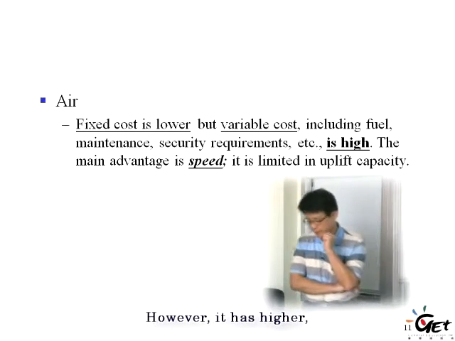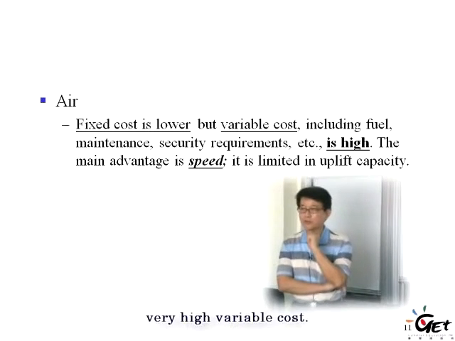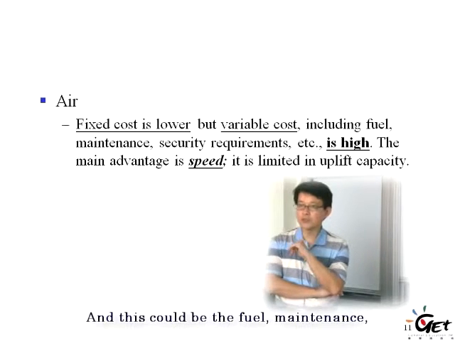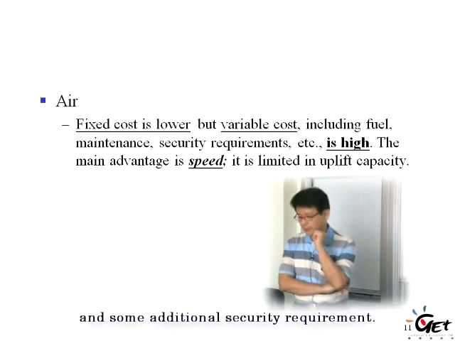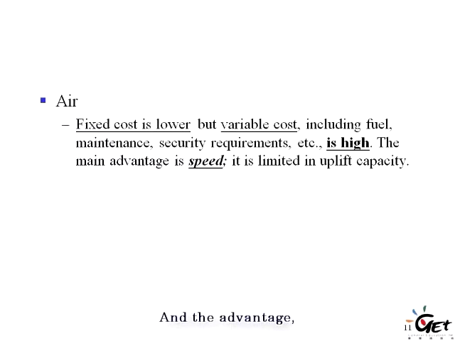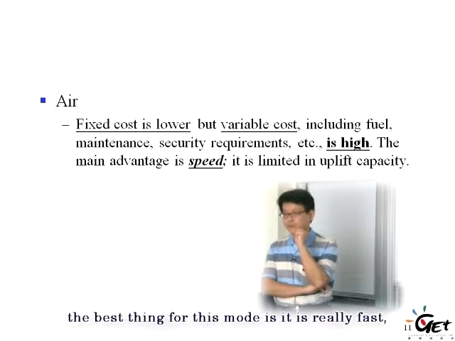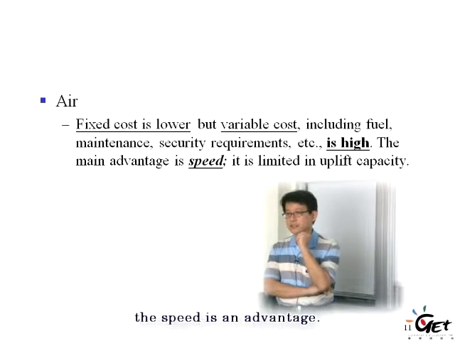However, it has a very high variable cost, and this could be fuel and maintenance and some additional security requirements. The best thing for this mode is it is really fast. Speed is its advantage.